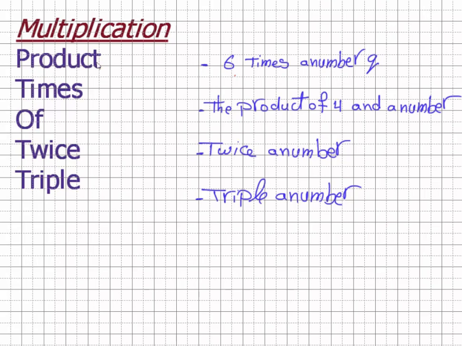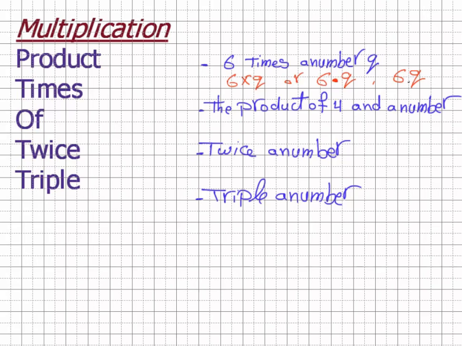Now the third type, multiplication. The same way, we have some keywords here: product, if you are asked to find the product, it's multiplication, times, of, twice, or triple. Here we have 6 times a number q. Times means multiply. We can write it as 6 times q, or 6 dot q, also multiplication, or 6q, which also means 6 multiplied by q.